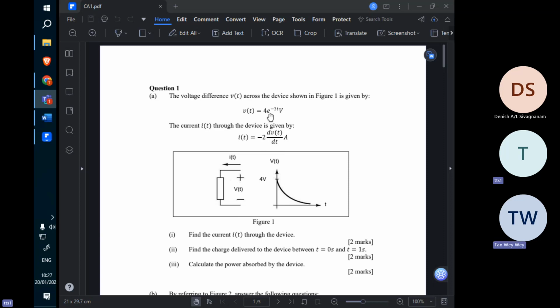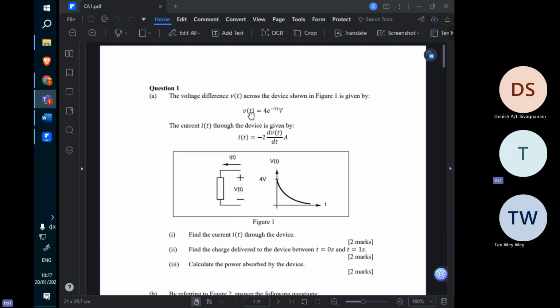But right now, what you're given is not a straight number, not a straight integer. It's 4 multiplied by e to the -3t. So what it means is this one is time dependent. This value depends on what time you want to measure.